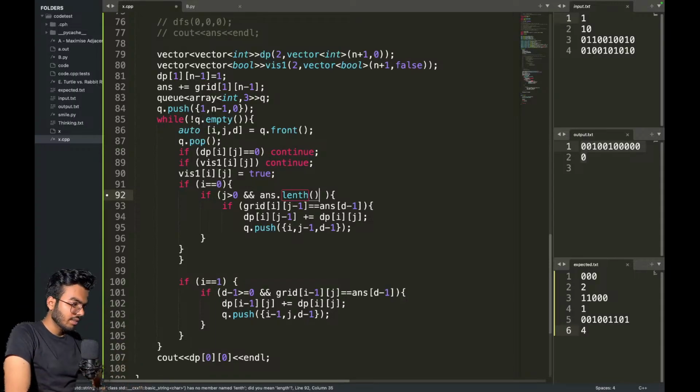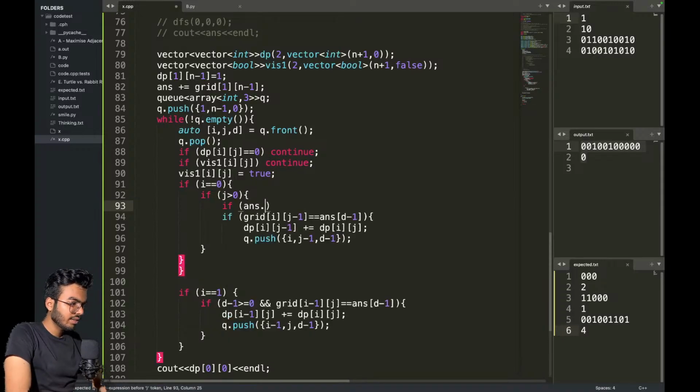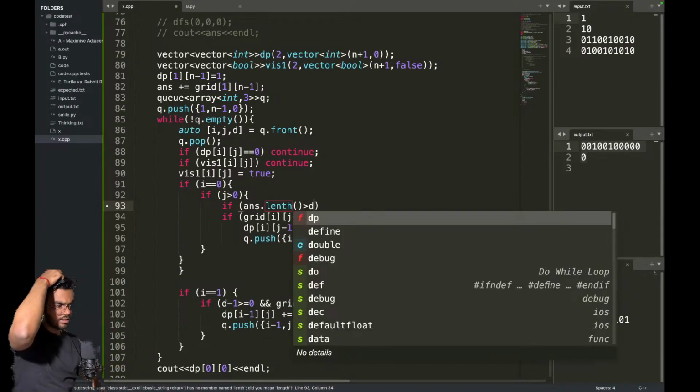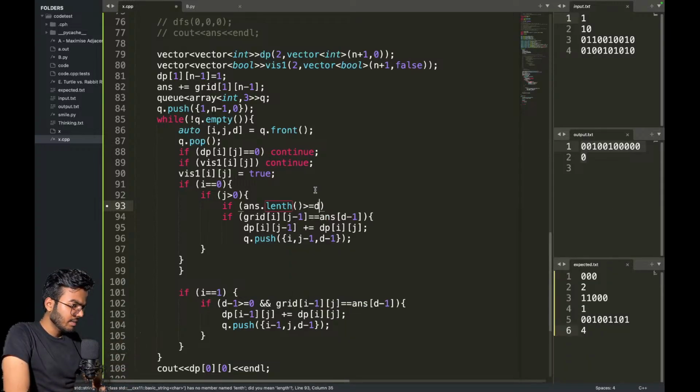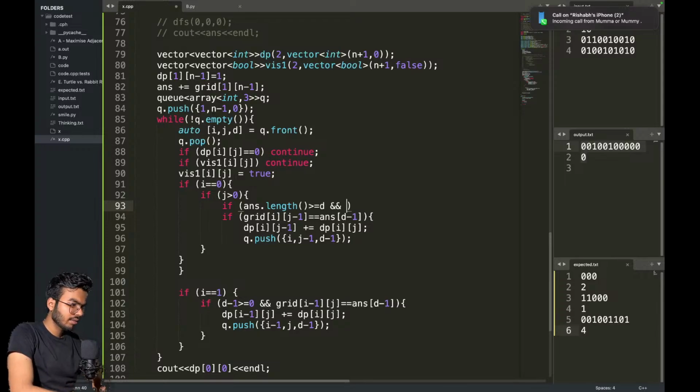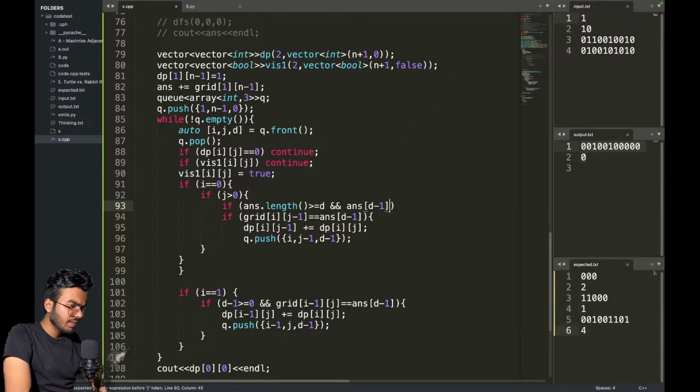So I have to check, okay, let's not do this. I have to check if answer dot length is greater than or equal to d, right? And answer of d minus 1, sorry, d plus 1.